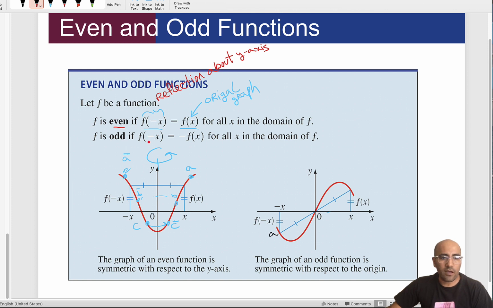So this is saying for an odd function, the reflection about the x-axis is equal to the reflection about the y-axis.